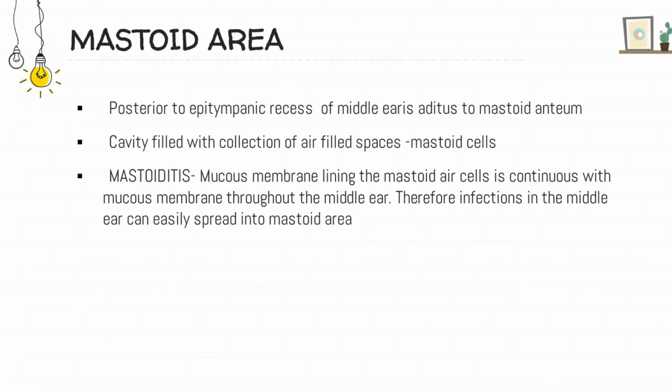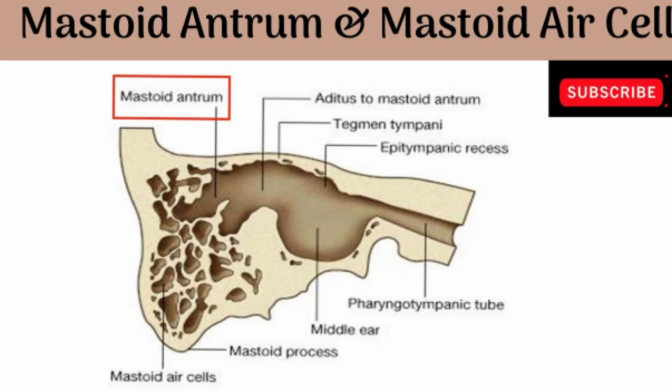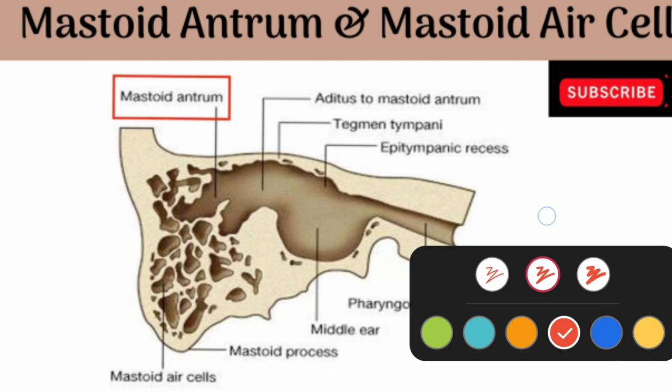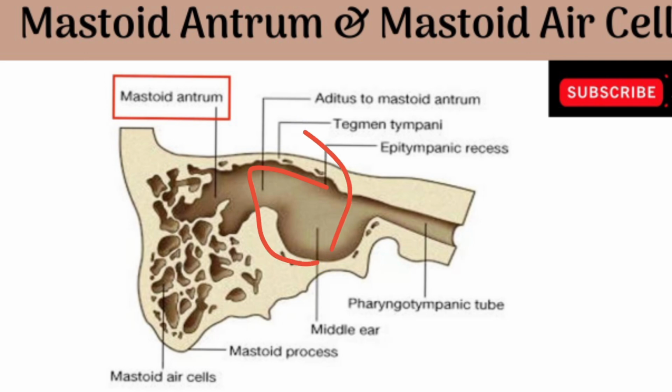Mastoid area: it is posterior to the epitympanic recess of the middle ear. This mastoid area is a cavity filled with a collection of air-filled spaces called mastoid cells. Now there is a clinical significance of mastoiditis. In the middle ear, there is an opening, the aditus to the mastoid antrum, which connects the middle ear to the mastoid antrum and the mastoid air cells.